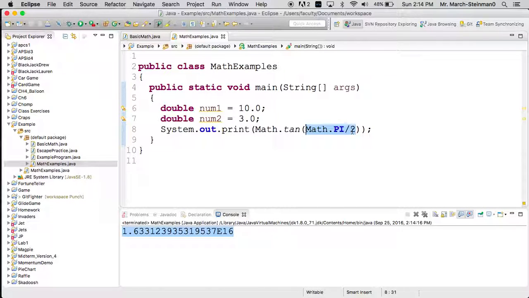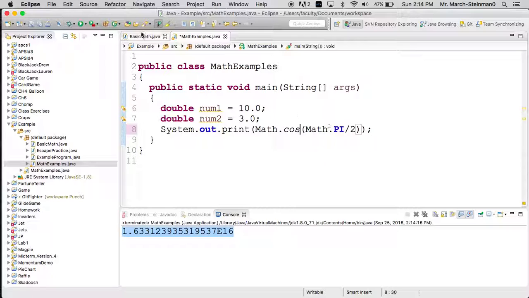So with very large or very small numbers, or things with decimals that are really close but not quite to a tenth or a hundredth or a thousandth, we can get some rounding errors with our doubles. But in this case, math has a tangent function, maybe it has a cosine function.